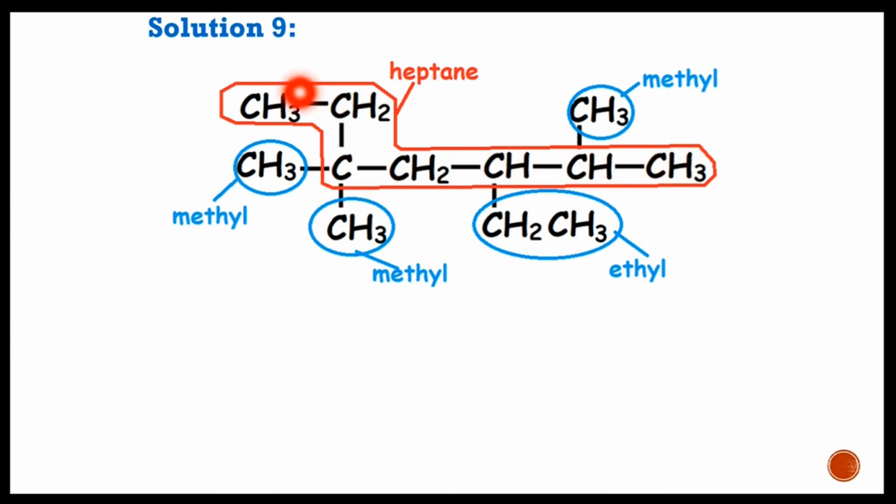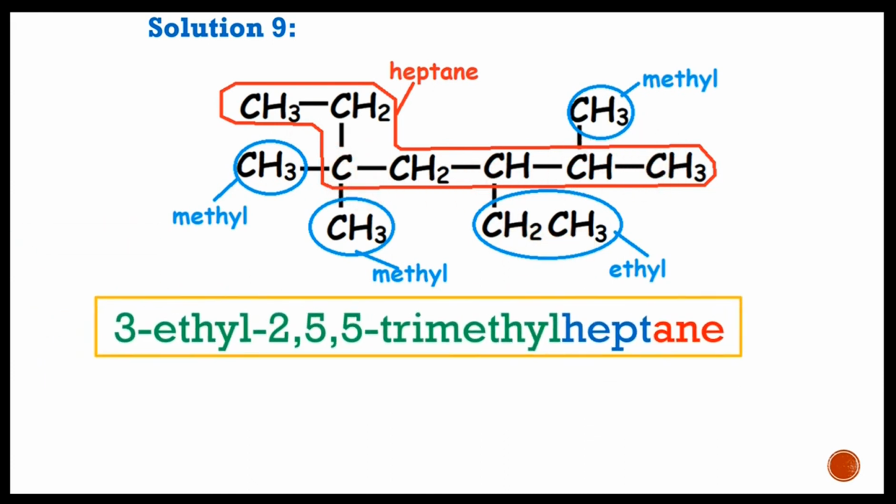When you choose this as our parent chain, we have 1, 2, 3, 4 substituents, one more than the other option. So we are going for this because it provides us with more substituents. When you have the same long chains, you choose the one that gives you more substituents.